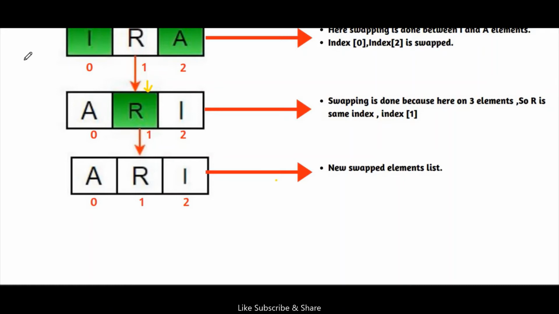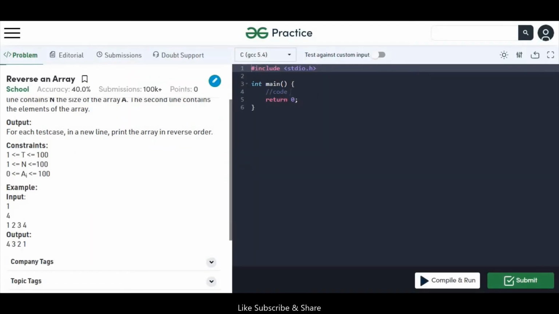Let's go and write the code. Take an integer array A of size 100, a variable n for the array size, t for test cases, i and j for loops, start and end, and one more temp variable.